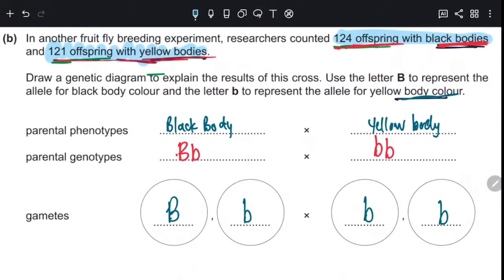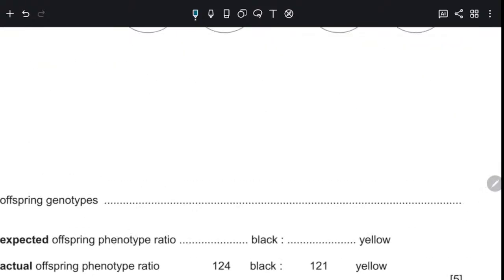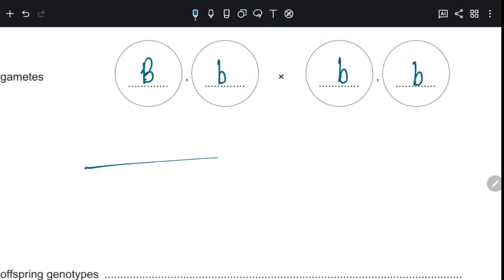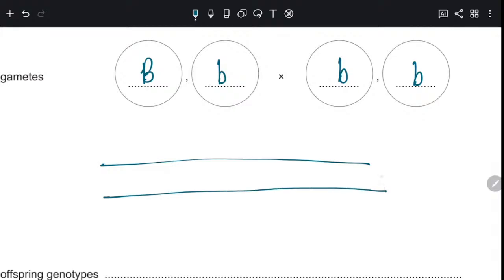Now, they say draw a genetic diagram to explain. We can do it in no time. Let's do the genetic diagram. You first put 3 lines.